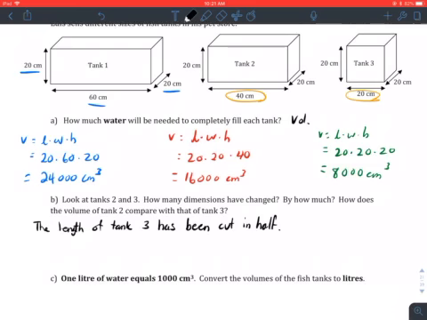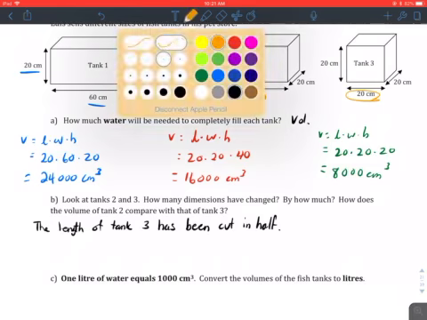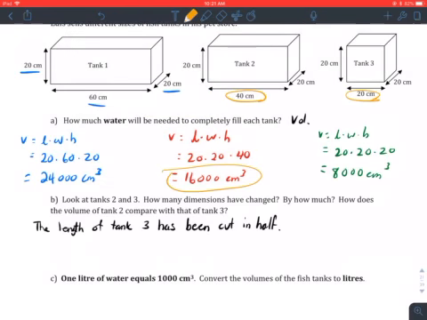How does the volume of that tank compare with that of tank 3? Now we're going to compare the volumes that we looked at. So tank 2 had a volume of 16,000, and tank 3 had a volume of 8,000.